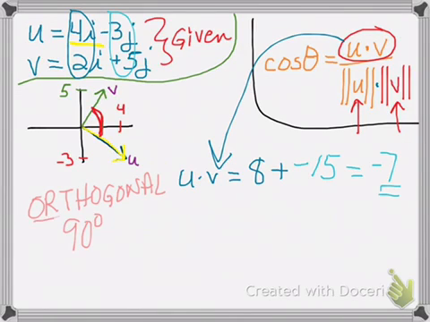You may have heard of orthopedic shoes, okay? So the root word ortho means right or correct, and 90 degrees is a right angle. So orthogonal is a right angle, 90 degrees. So fact: if the dot product is equal to 0, that means the two vectors are orthogonal, okay?